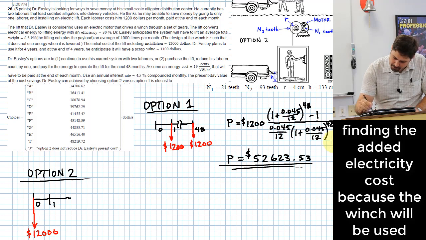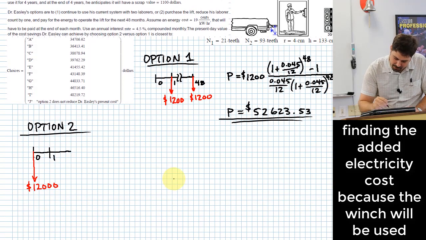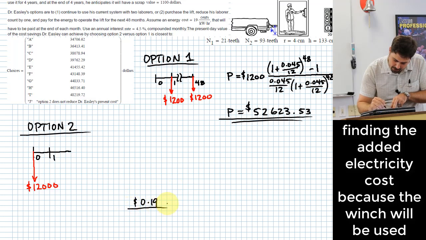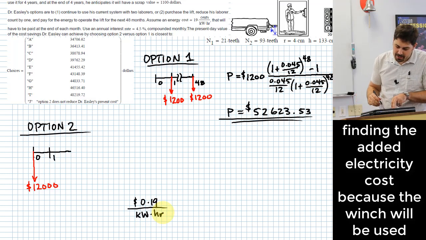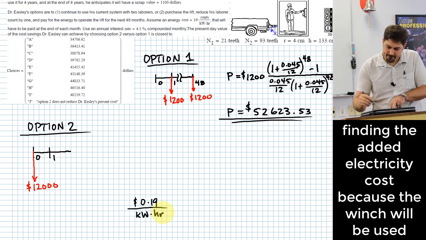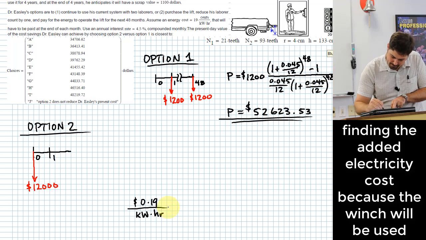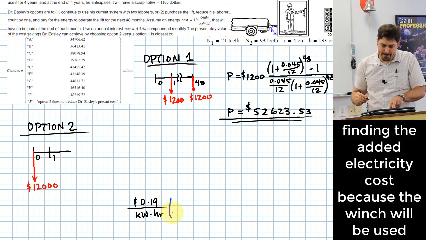kind of do this down below because I don't want to mess up my space of doing my cash flow diagram. Let me do 19 cents, which is $0.19 per kilowatt hour. Okay. Now think about a kilowatt. What is a kilowatt? Okay.